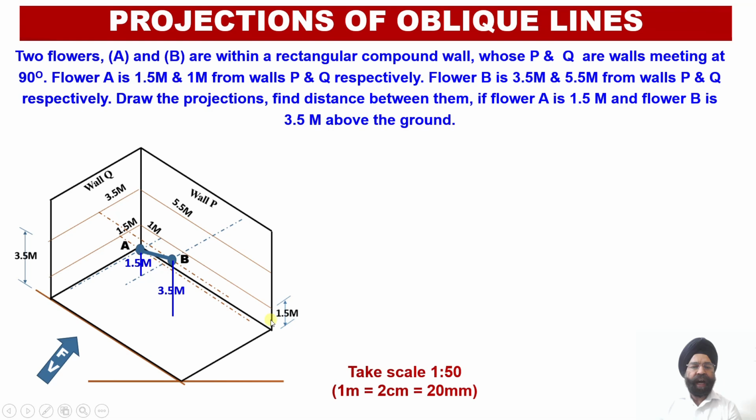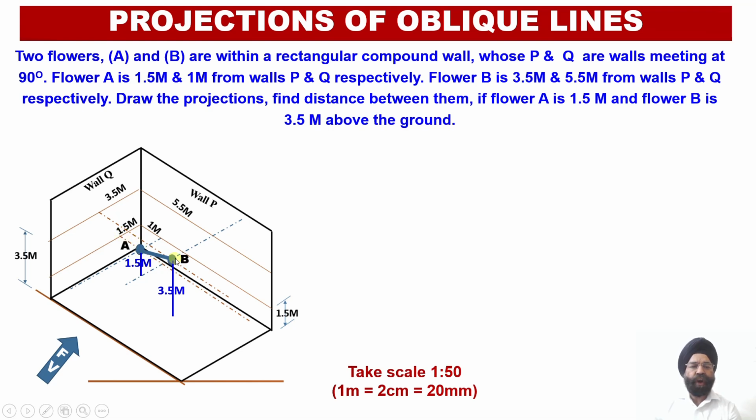We can see this distance above the ground happens to be 1.5 meters, whereas flower A is located at a distance of 1.5 meters in front of the wall P, and 1 meter in front of the wall Q. So we have been provided with all three coordinate locations corresponding to point A: 1.5 meters above the ground, 1.5 meters in front of the wall P, and 1 meter in front of the wall Q.